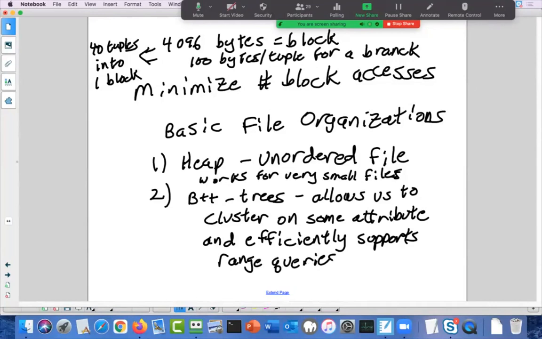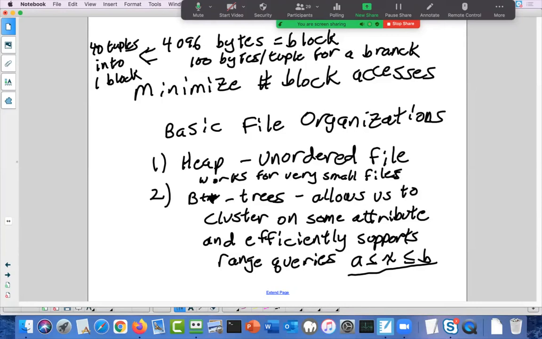By a range query, I mean something where A less than or equal to X less than or equal to B. That's a range query. I want all tuples where X is between A and B. B+ trees are a generalization of binary search trees, which we'll get to.